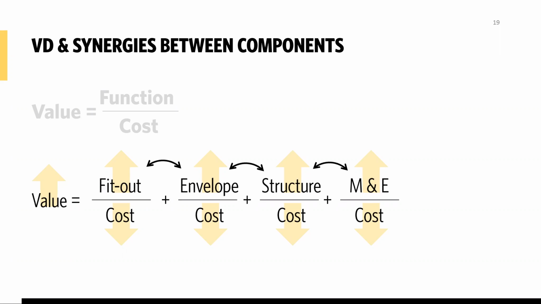If we start thinking outside of the silos, then the sum can start to be bigger than the parts. Value design that we're advocating here is really about not just maximizing each component, but also understanding the synergies between them. And by capitalizing on these synergies, we minimize the cost and maximize the gain.